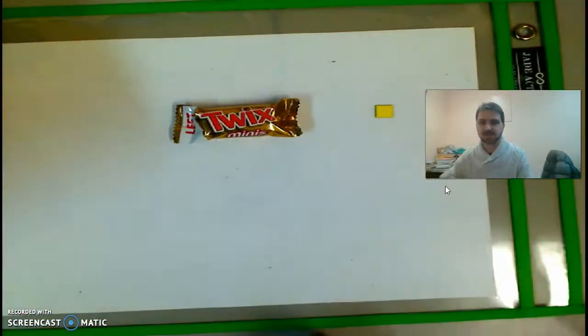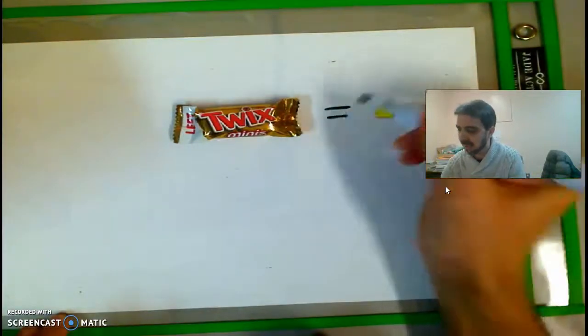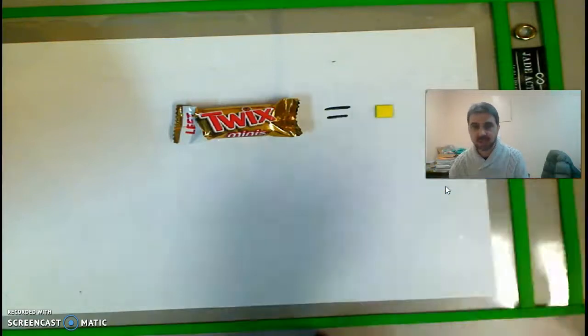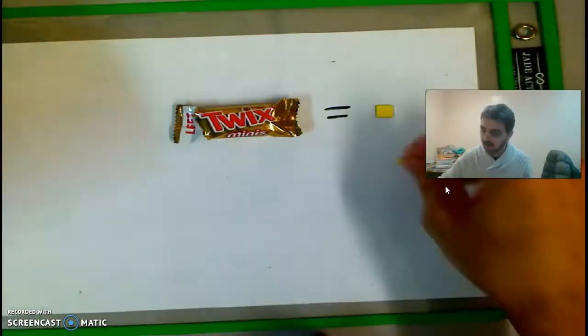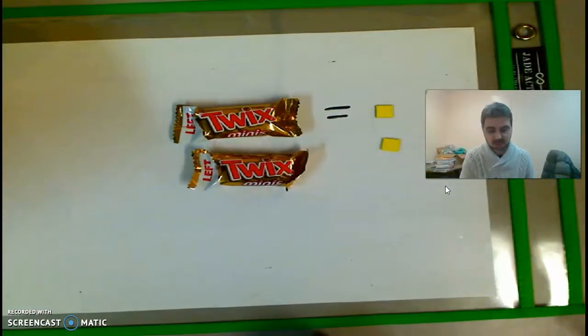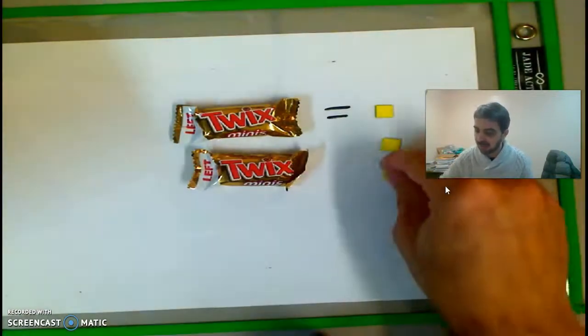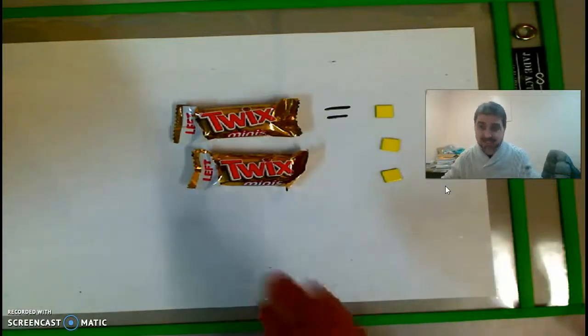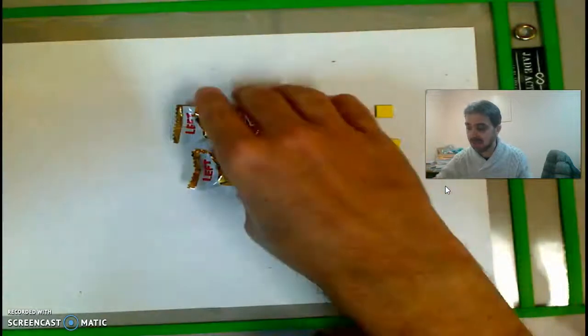So 1 piece of candy equals this. If I put down 2 of them, that means 2 pieces of candy. If I put down 3 of them, that means 3 pieces of candy. I don't have any more candy with me. I'm going to eat these real soon, trust me. Okay, so now we have that figured out.